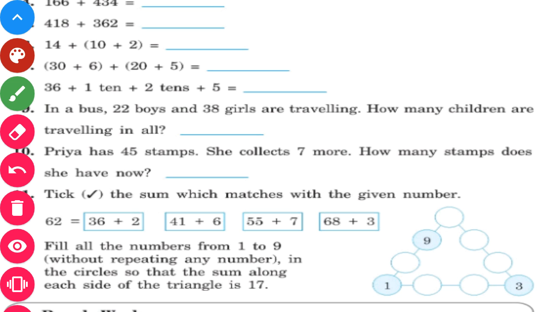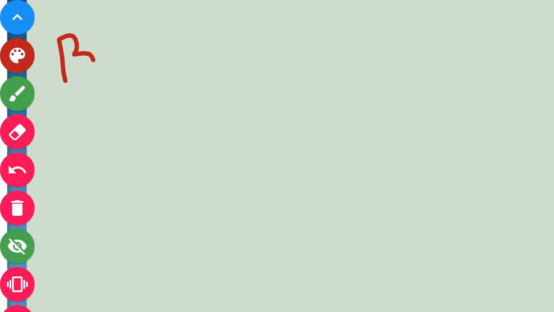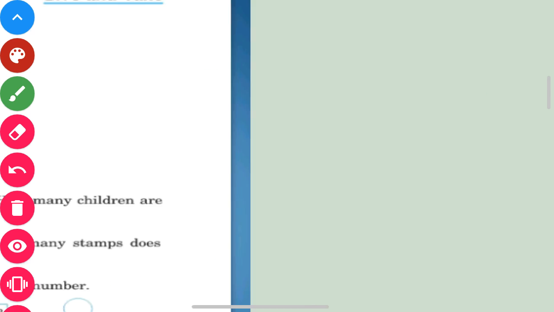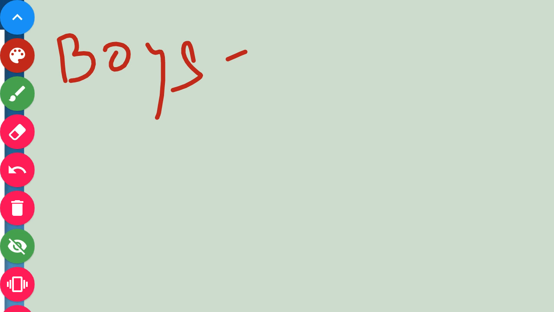So there was a bus where 22 boys and 38 girls are traveling. How many children are traveling in all? So we will add number of boys and number of girls. Number of boys is 22.